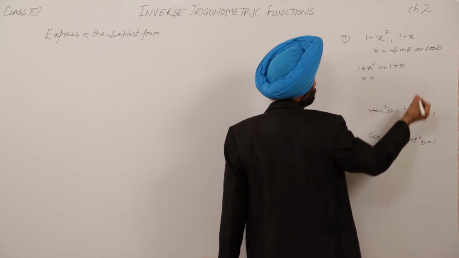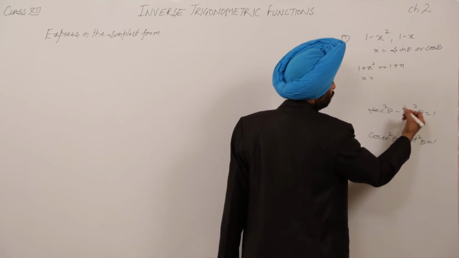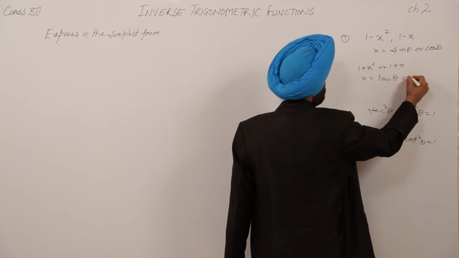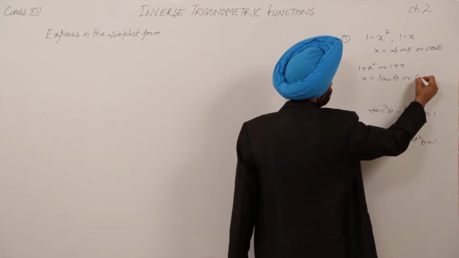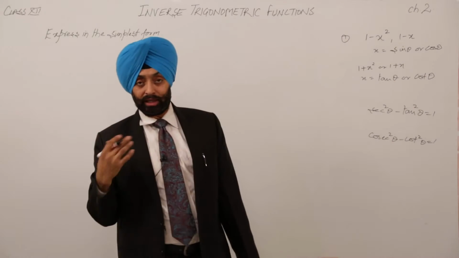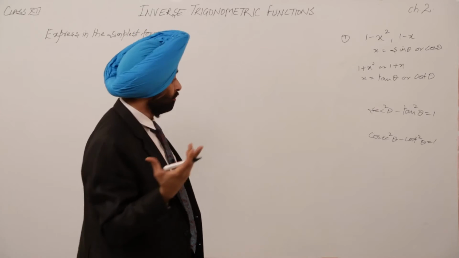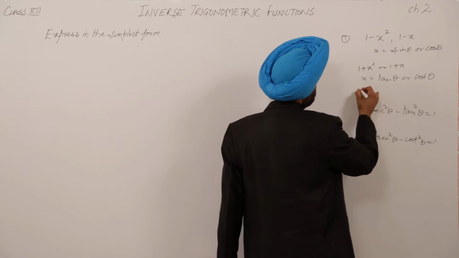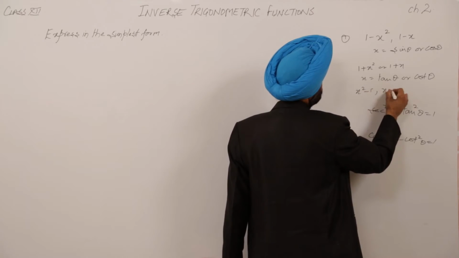Secant square theta is 1 plus tan square theta. So put x is equal to tan theta, or from the lower part cot theta. If it is square then it will become tan square theta, if it is not then it will become tan theta.